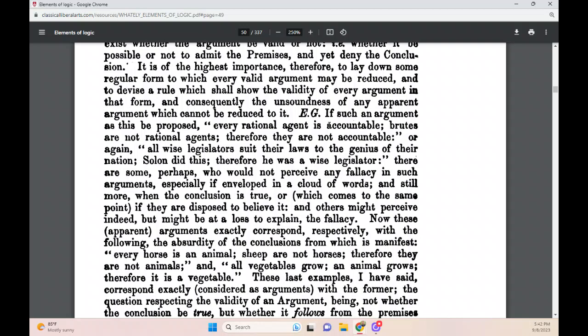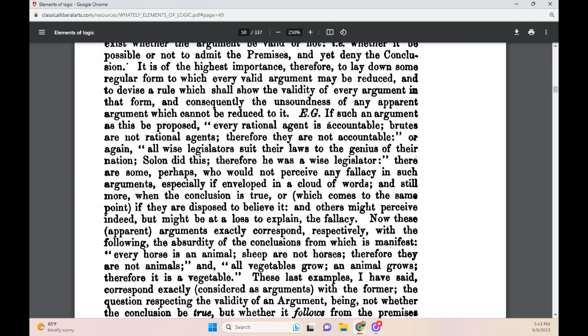Now, the way you should think about these things is to use diagrams. Think of a big circle which contains all accountable things. Now we read, every rational agent is accountable.